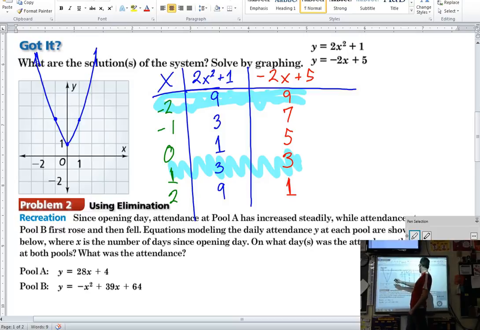And -1, 7, still off the chart. 0, 5. So one of our solution points is off the graph and we wouldn't be able to see it.